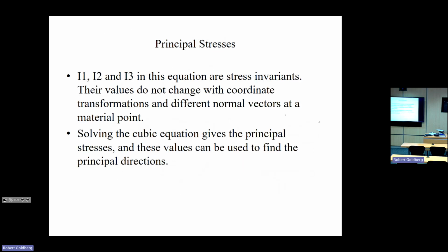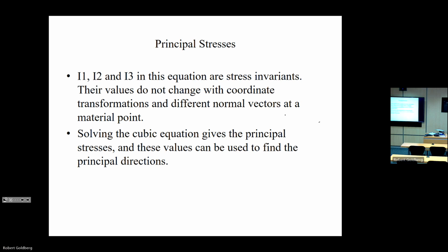Solving the cubic equation gives the principal stresses, and these values can then be used to find the principal directions, the angle at which you have to rotate your axes to find the principal stress. Okay?